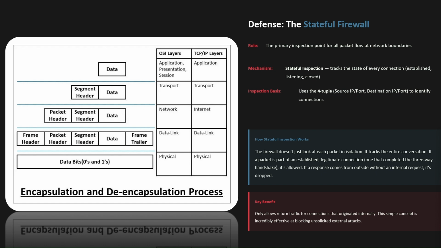If a packet is part of an established legitimate connection, like the one completed in the three-way handshake, the firewall allows it. If a packet is a response from the outside that didn't originate from an internal request, it's dropped. This simple concept is incredibly effective at blocking unsolicited external attacks.